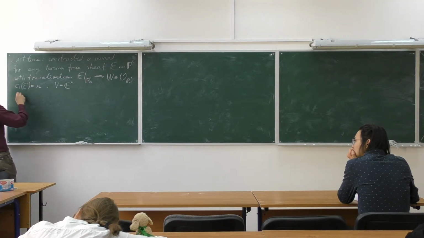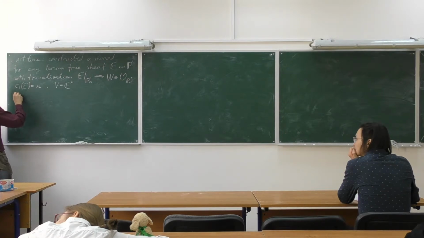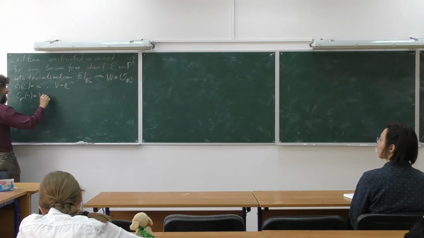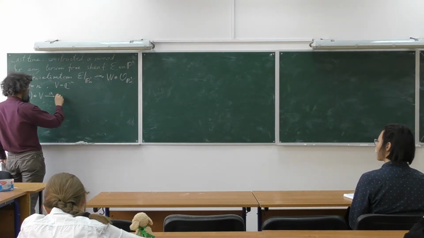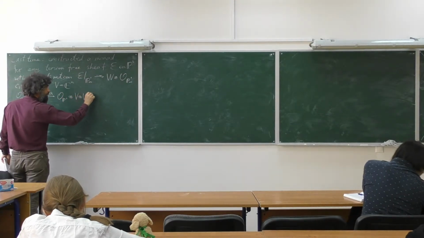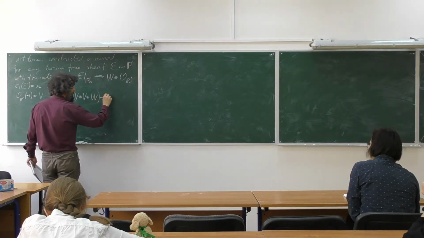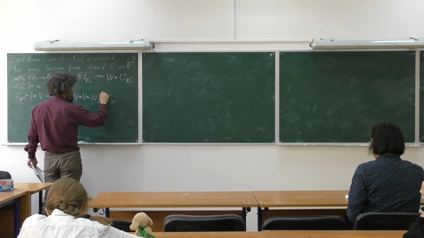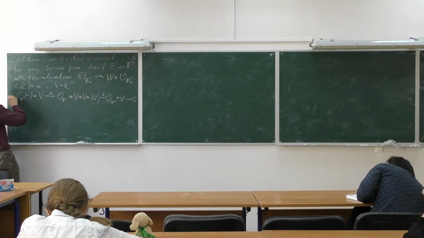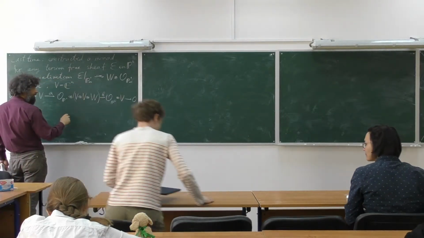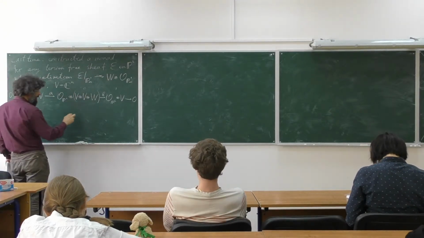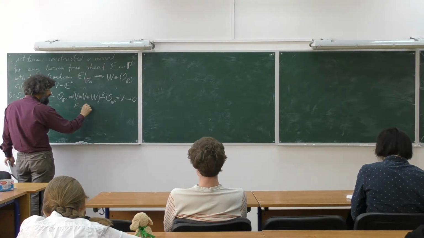So this monad was in degree 1, in degree 0, in degree -1, and E was the middle cohomology.